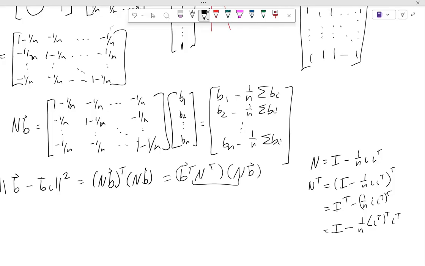Okay. What happens when you take a transpose and then do the transpose again? Get back to where you started, right? Does that look familiar? That's where we started, isn't it? So N transpose is itself. All right, so that's one simplification we can do.